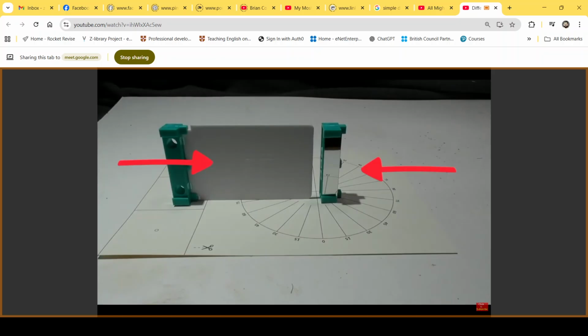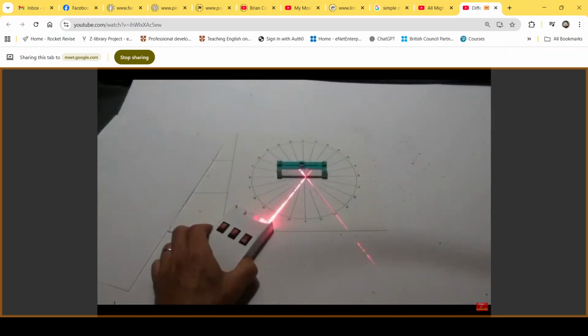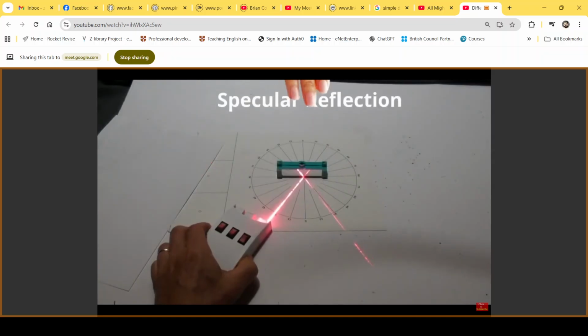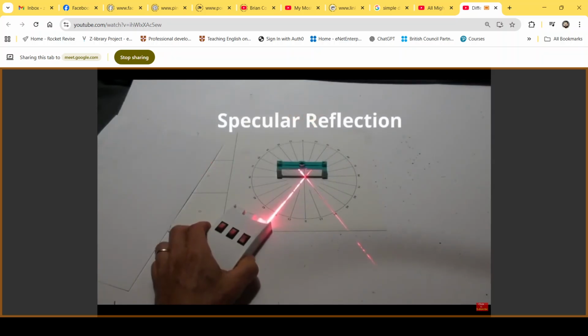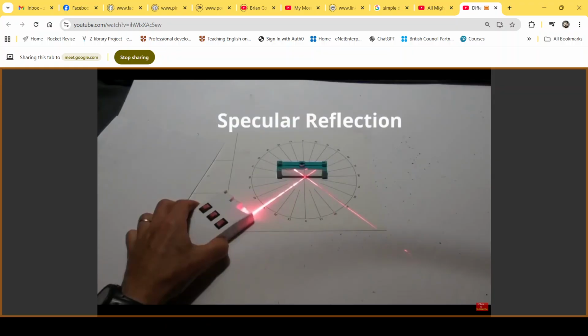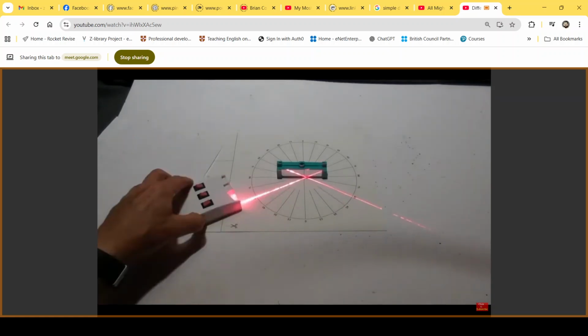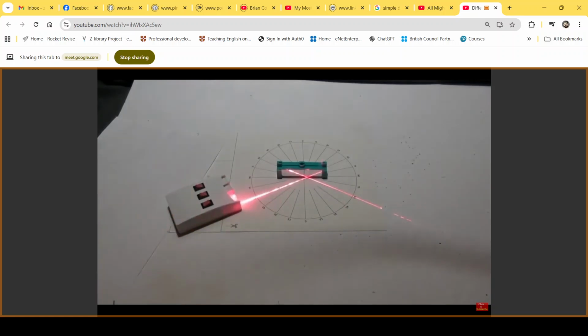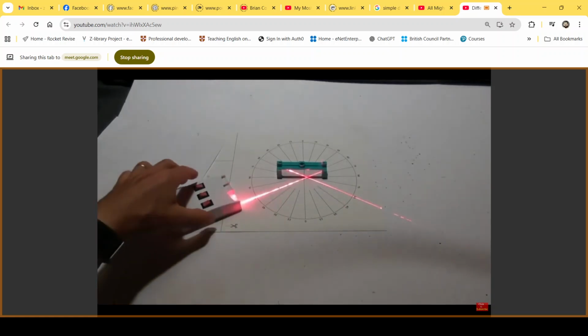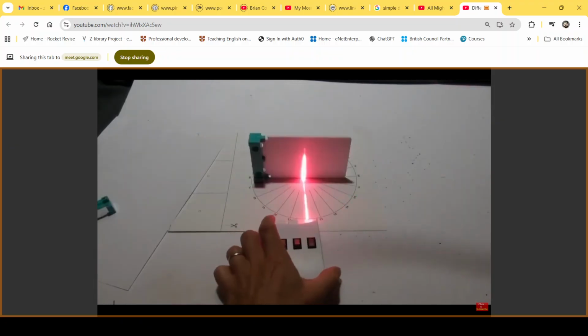Up first, let's reflect light from a mirror which is very shiny. It will be an example of specular reflection. Notice that the ray always reflects at the same angle. Next, I have a dull object.